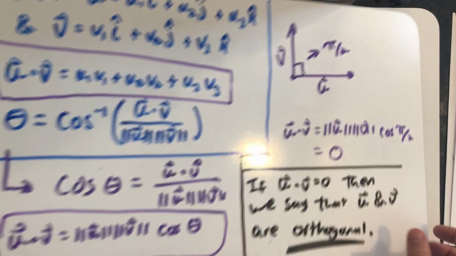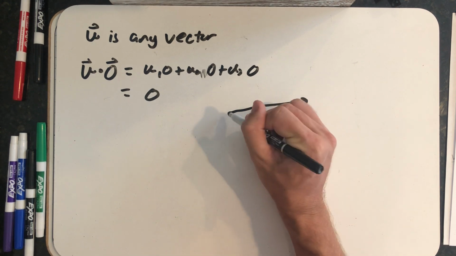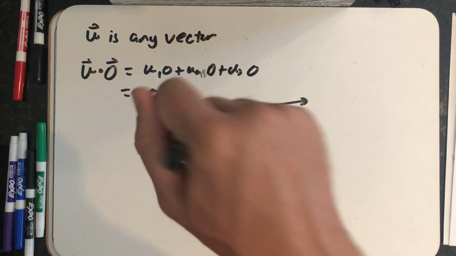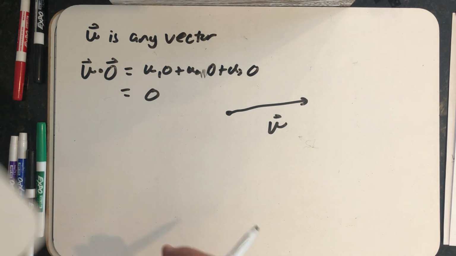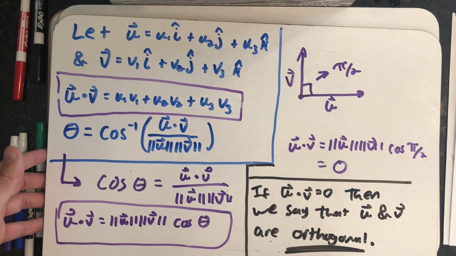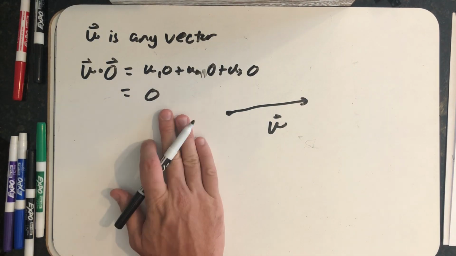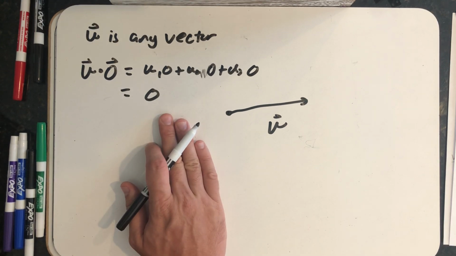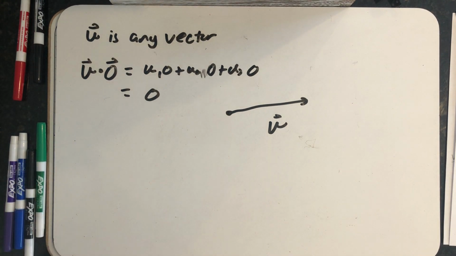Well, that's not exactly how I tend to describe it, because there's a vector u and then the 0 vector just hanging out there, not really pointing anywhere, has 0 length and no specific direction. And so the word orthogonal can describe both the perpendicular situation and the situation where I might be dealing with the 0 vector.